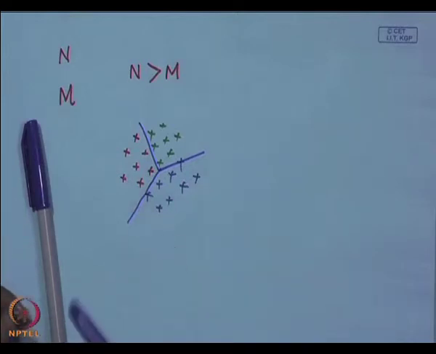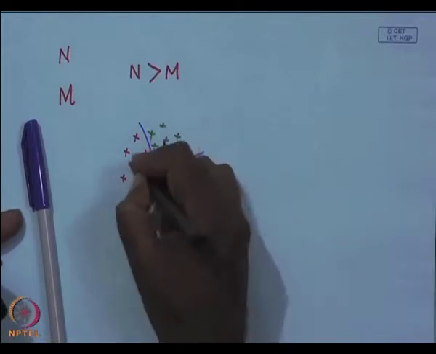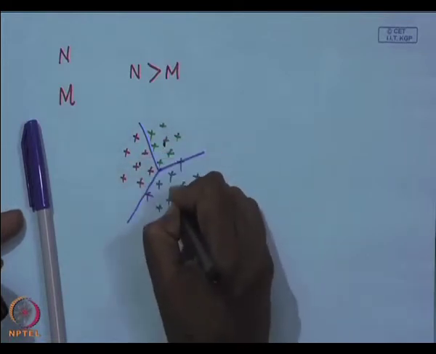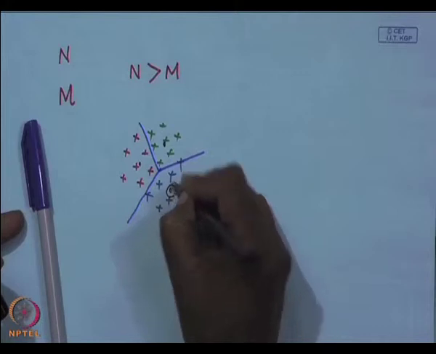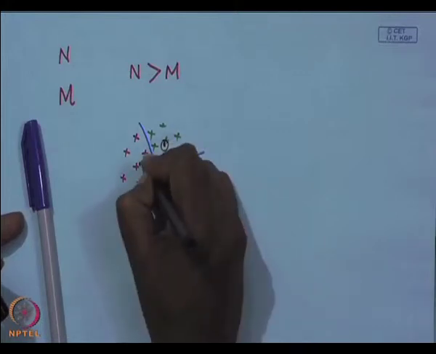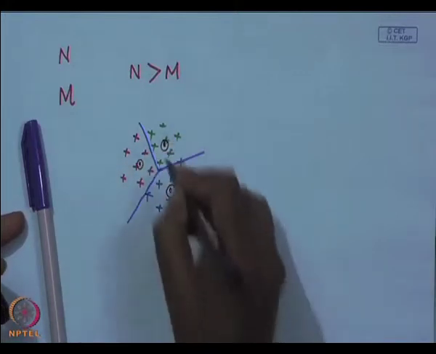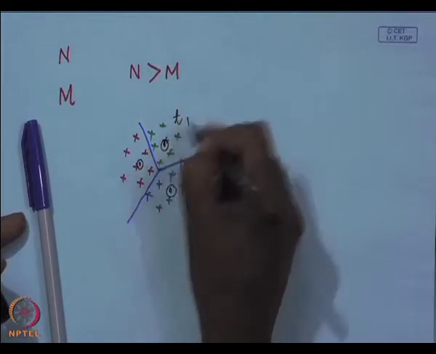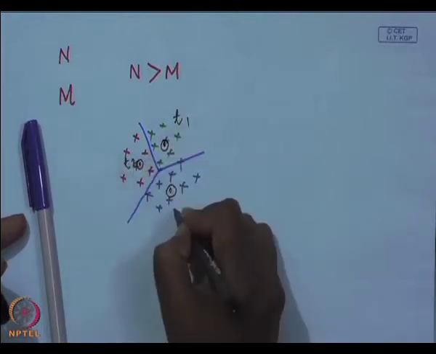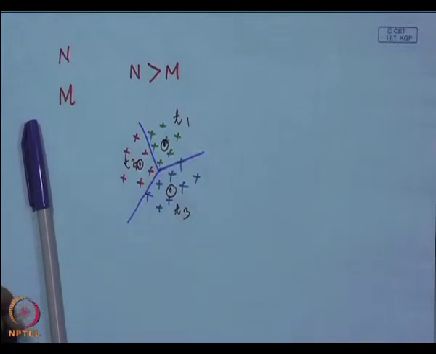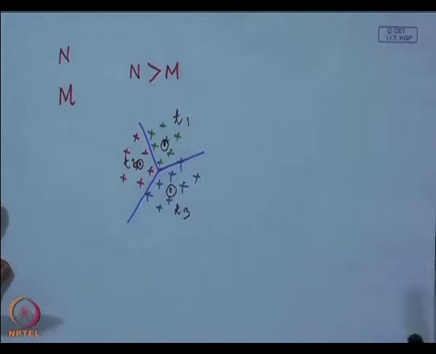Every cluster center now represents a receptor. So, this is one receptor, this is one receptor, this is one receptor: this is the receptor T 1, this is the receptor T 2 and this is the receptor T 3. So, the first operation that we have to perform is the clustering of the feature vectors, and this clustering operation we will discuss in detail in future lectures.